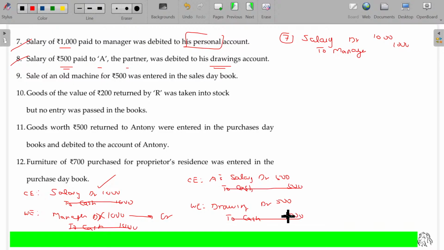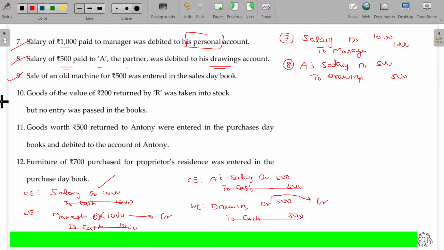Cash is not having any error. This debit should be cancelled, converted to credit to cancel the wrong entry. Eighth one, what is the rectification entry? A's salary account debit to drawings. The value being 500.